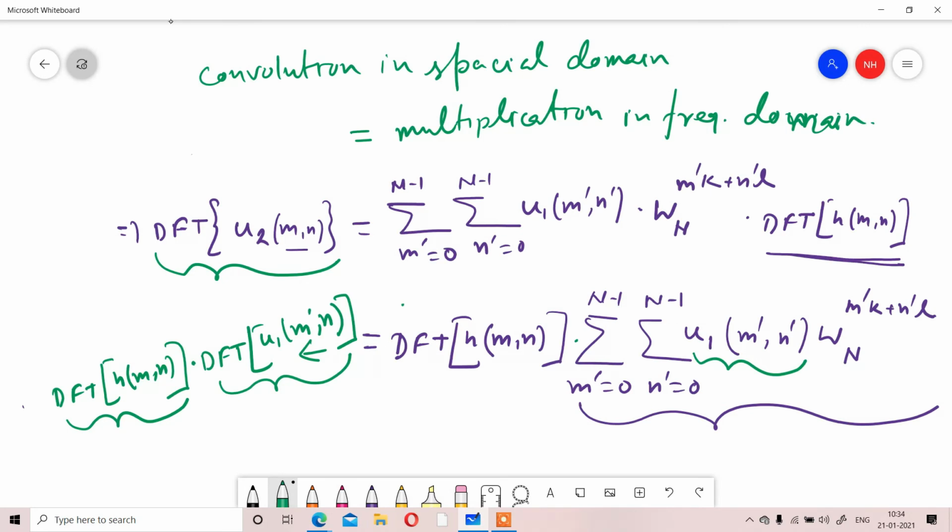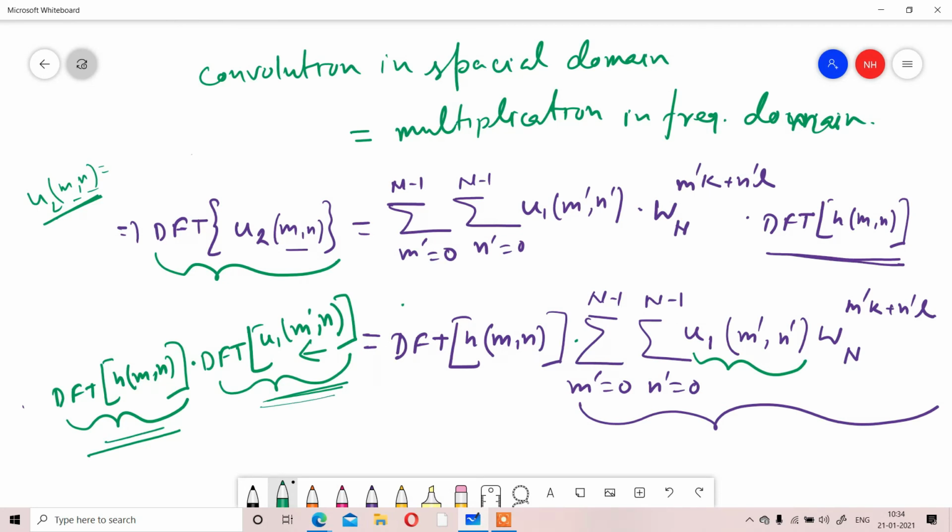In the expression u2 of m n, you have written the convolution expression in the spatial domain, m n being the spatial domain. But whenever you calculate the DFT of u2 m n, you get the multiplication of DFT of h m n, which is in the frequency domain, and DFT of u1 m n, which is also the frequency domain. So convolution in the spatial domain gives multiplication in the frequency domain.